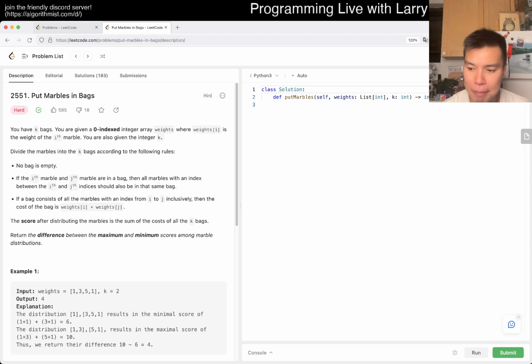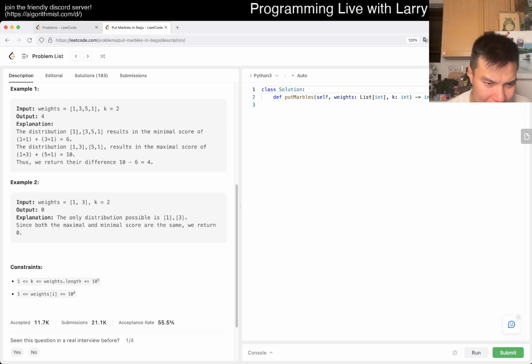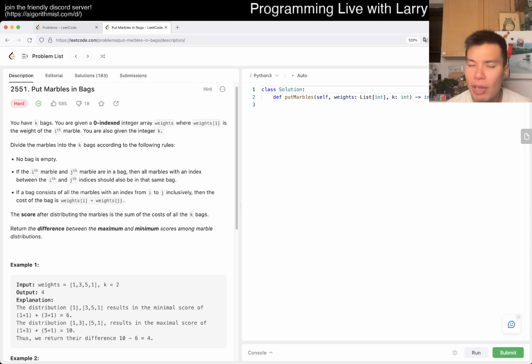Now that n is 10 to the 5th, what I'm looking for is probably a linear or n log n type of solution. And of course, that requires some sort of observation. So let's see.